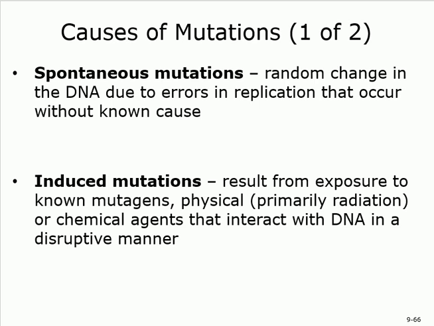Nothing induced it. The other type is called induced. There is something called a mutagen. What does muta mean? Mutation. What does gen mean? Generation. So this is something that's going to generate mutation. It's going to induce mutation. What is that something? It can be physical, it can be a chemical compound. Sometimes it can even be a virus.